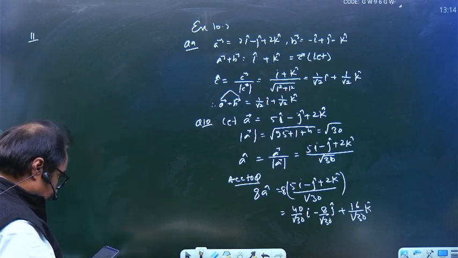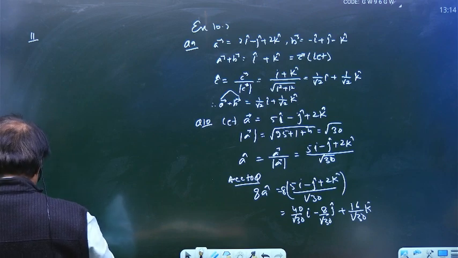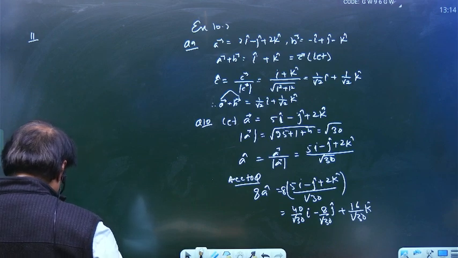Question number 11. Show that the vectors 2i cap minus 3j cap plus 4k cap and minus 4i cap plus 6j cap minus 8k cap are collinear.